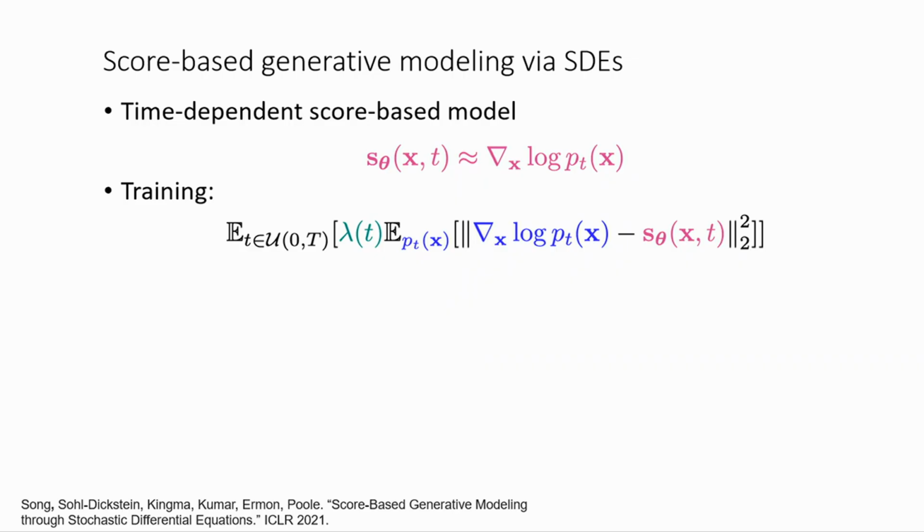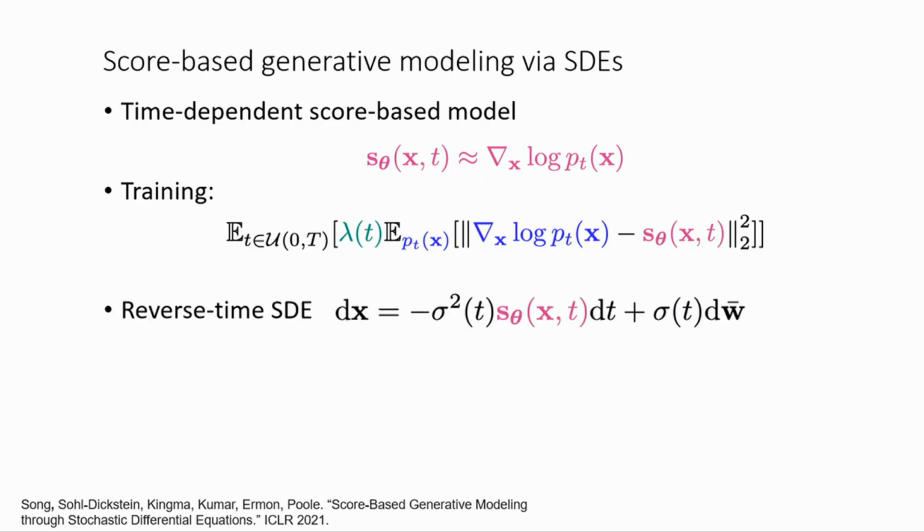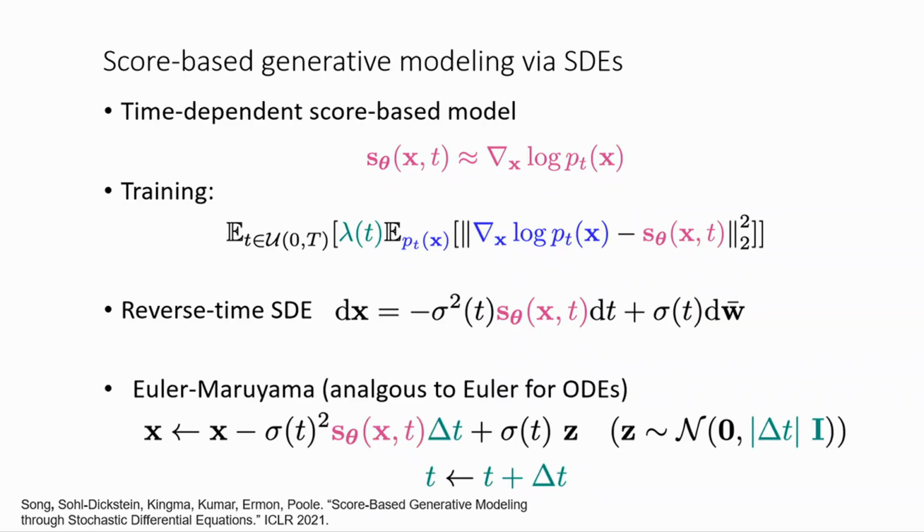Therefore, we can define the training with the normal loss where we do regression on the score. The only difference is that at sampling time, we run this SDE simulation as opposed to the Markov chain sampling, as in the discrete case.